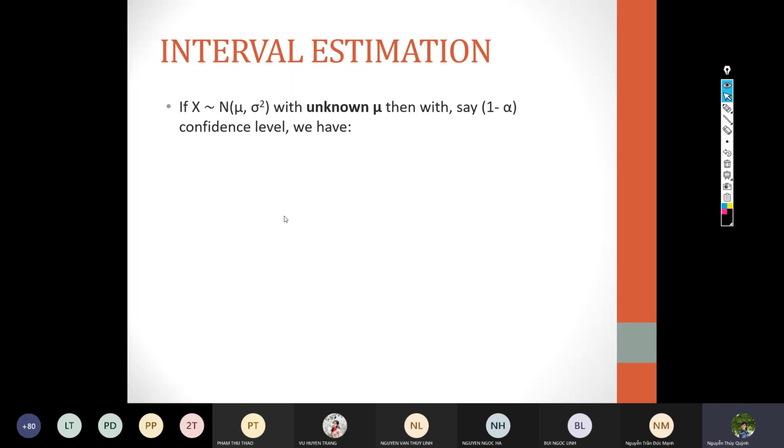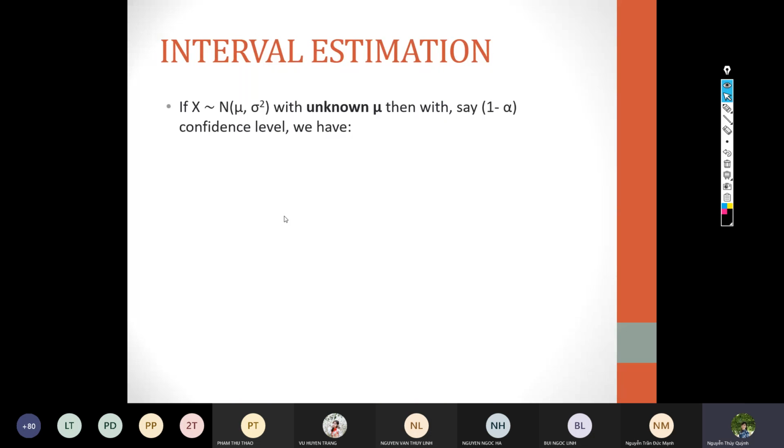In this case, remember that we will divide it into two cases: the case when we know the value of sigma squared, and the case when we do not know the value of sigma squared. The first one is when we know the value of sigma squared and we do not know the value of mu, and we want to construct the confidence interval for mu.